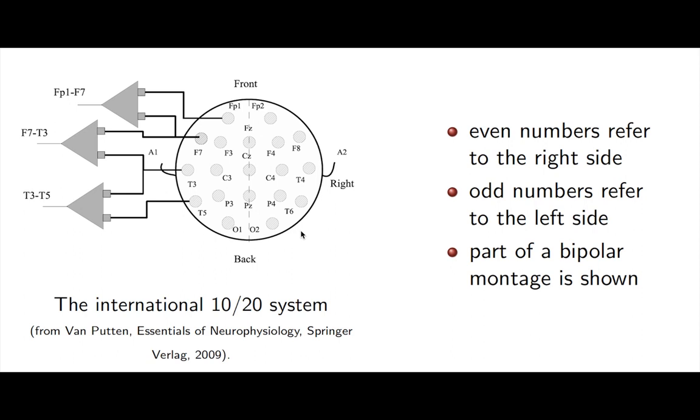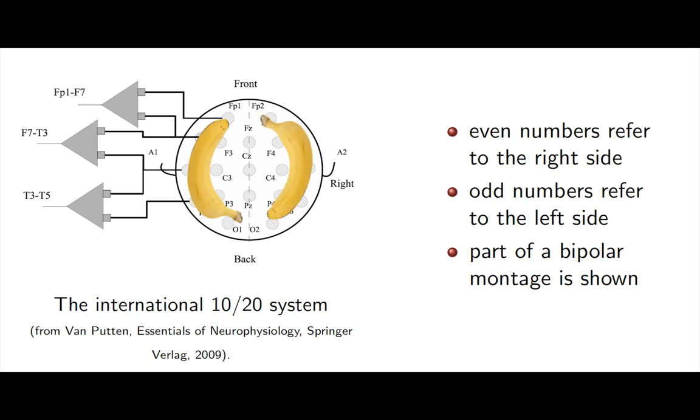This is a very common montage, and what is shown here is actually a double banana, because we measure the voltage difference between this one and this one, which is FP1, F7, or between this electrode and this electrode, which is T3, T5. And between this one and this one is F7 minus T3.